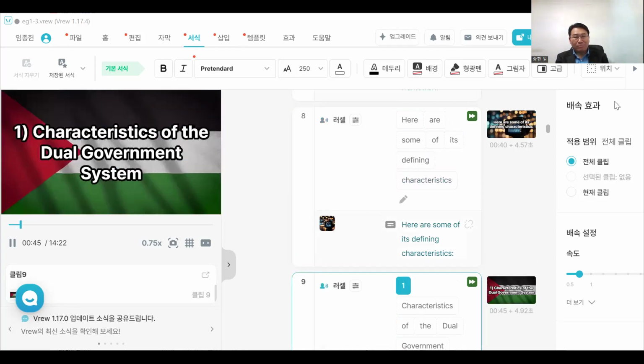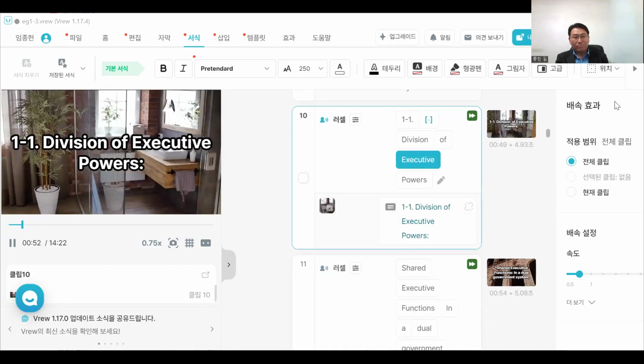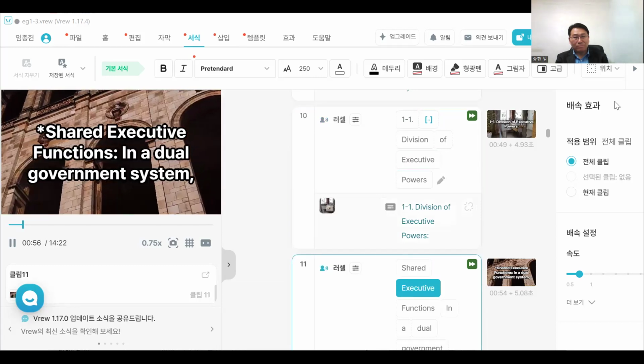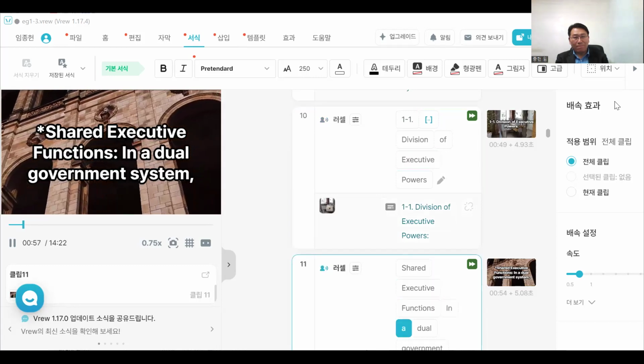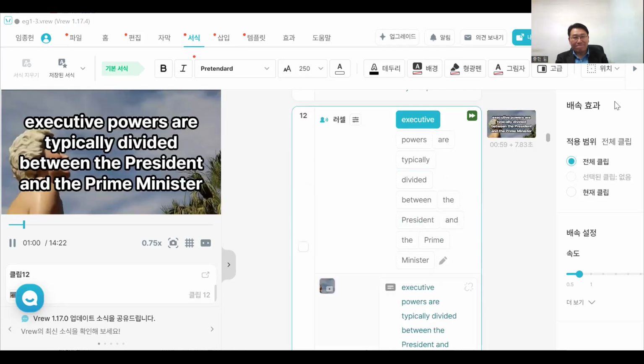Here are some of its defining characteristics. One: Division of executive powers. Shared executive functions in a dual government system. Executive powers are typically divided between the president and the prime minister.